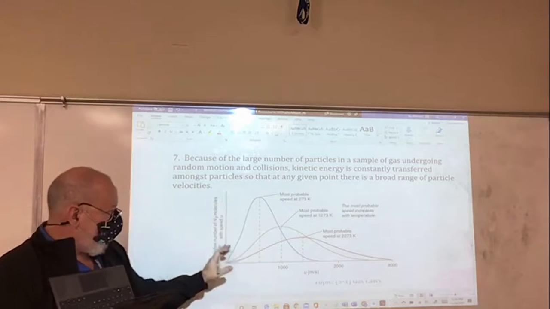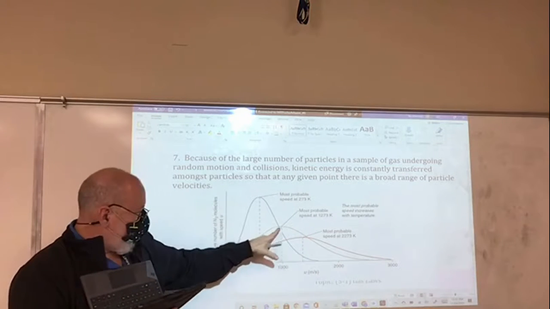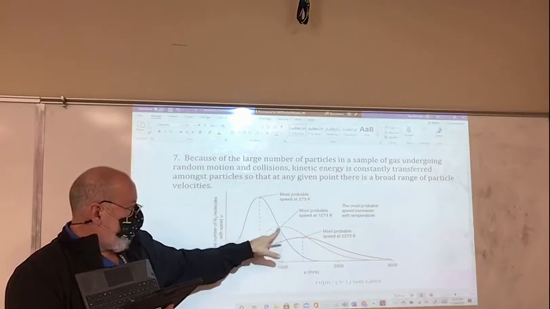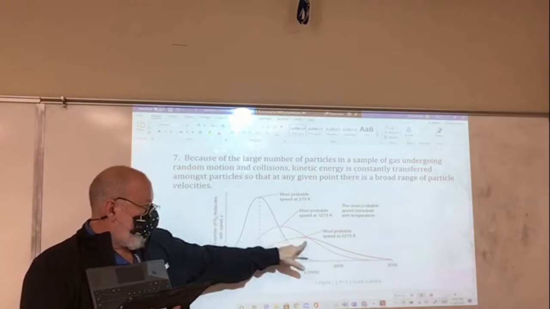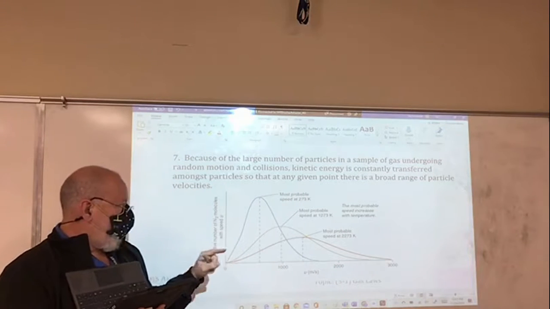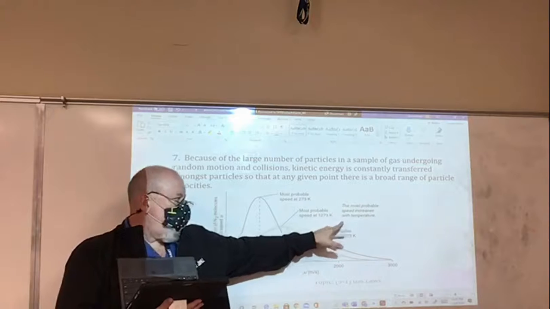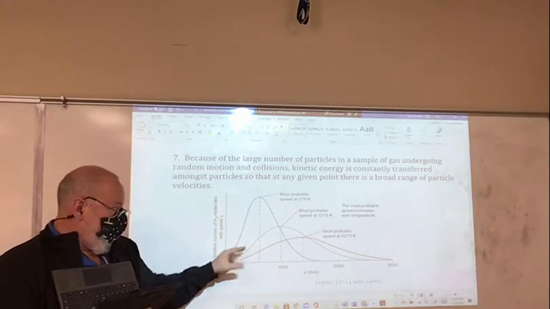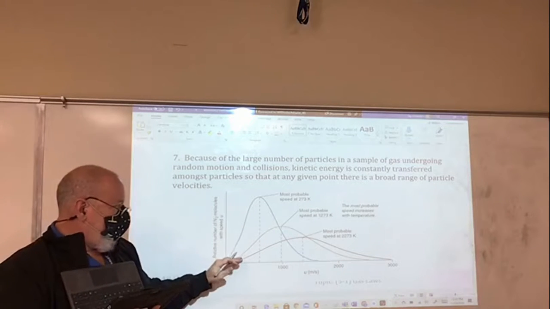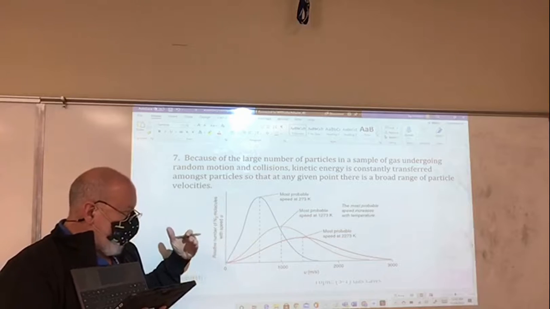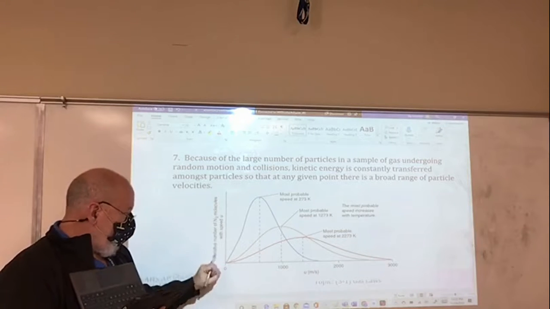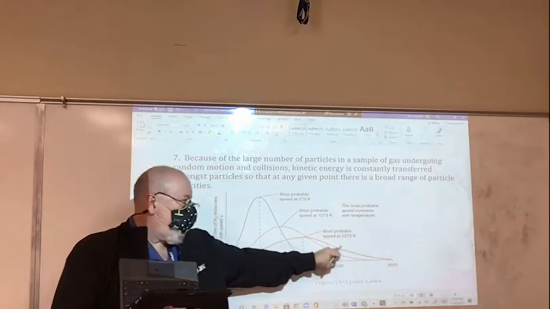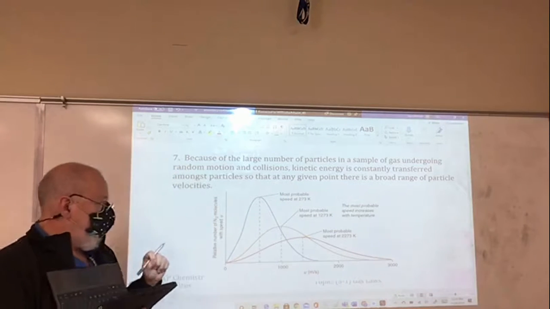And as we increase the temperature, we can see that the most probable speed increases, right? That's one thing that we can see. The most probable speed increases with temperature. The other thing that we can see is that as I increase the temperature, my distribution broadens out a great deal.